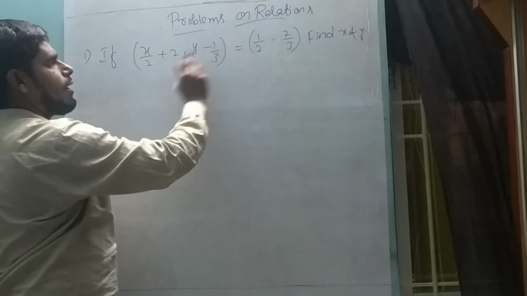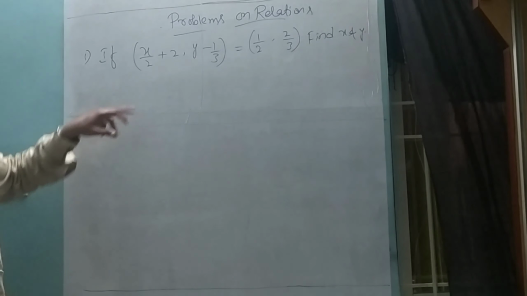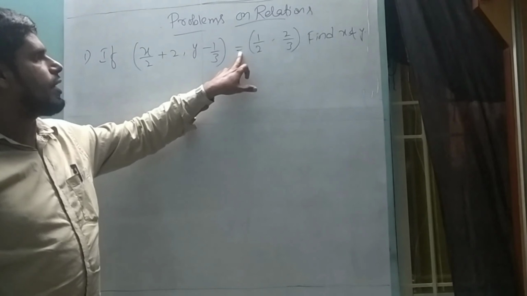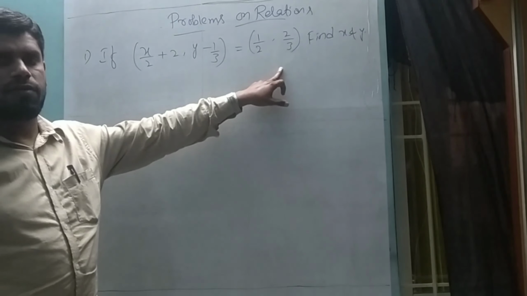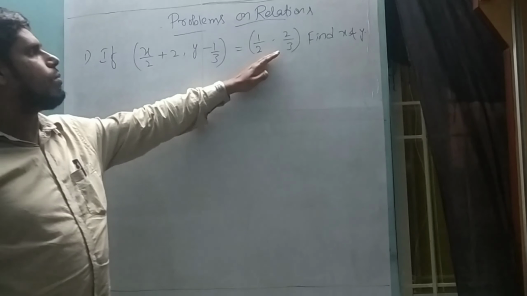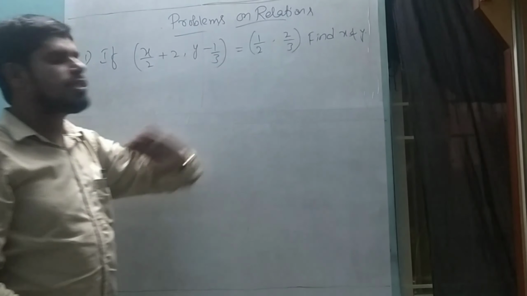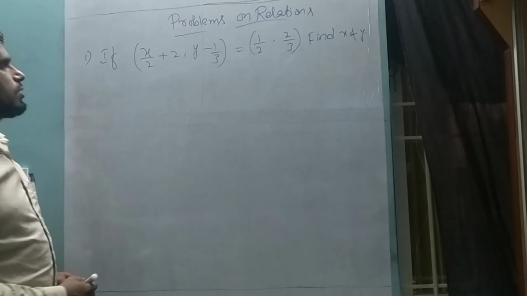These are two ordered pairs, and in our previous video we learned that two ordered pairs can be equal only if the domain equals the domain and the range equals the range.